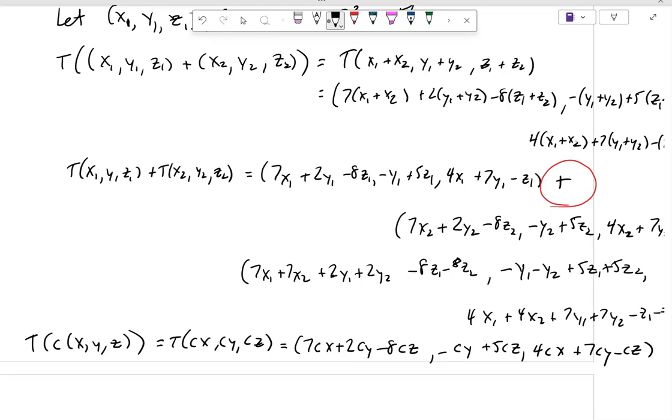I've got a c everywhere, don't I? So I could pull the c, first I could pull the c out in each of the individual components. And then since I have the same c in every single component, I could pull the c out of the whole vector.